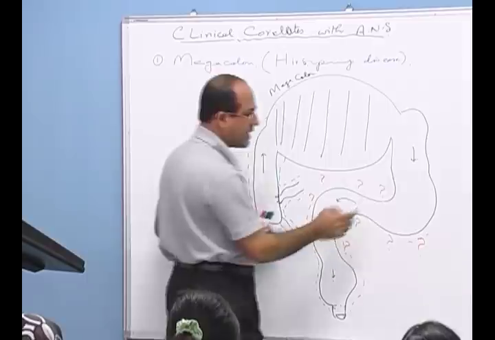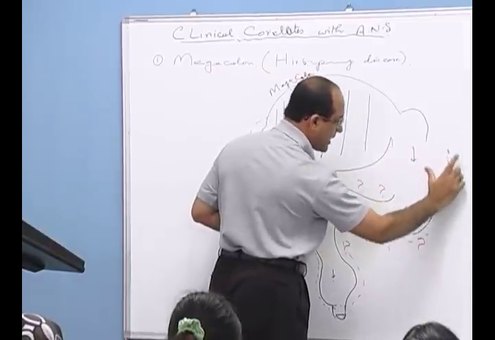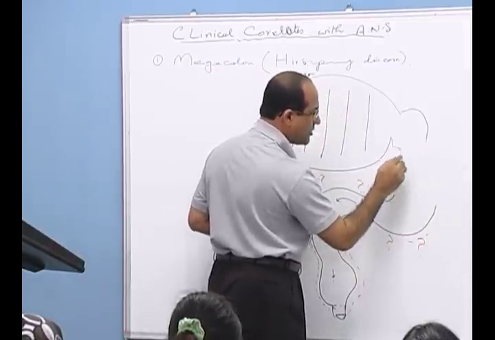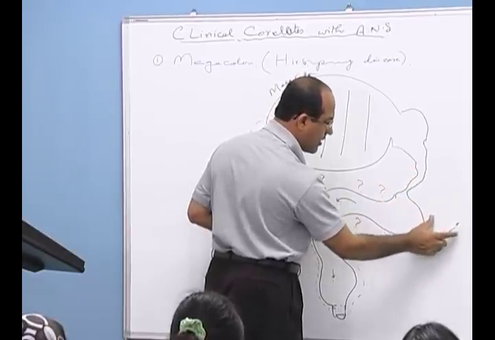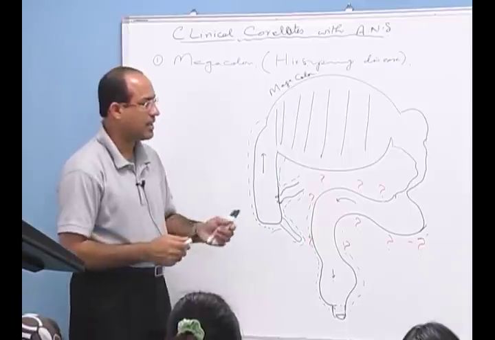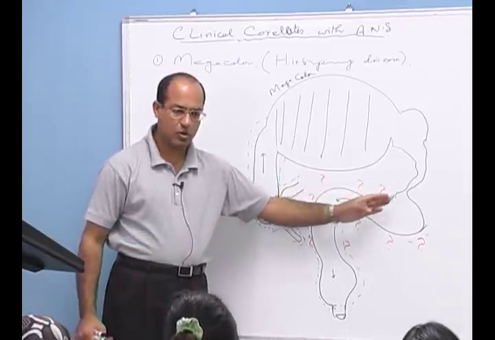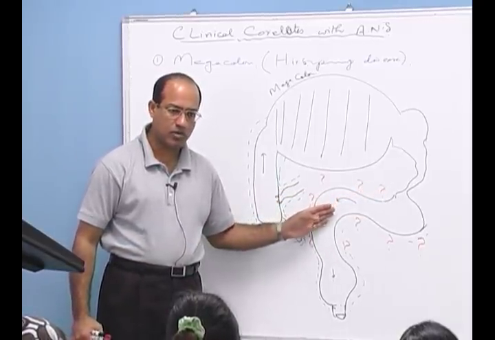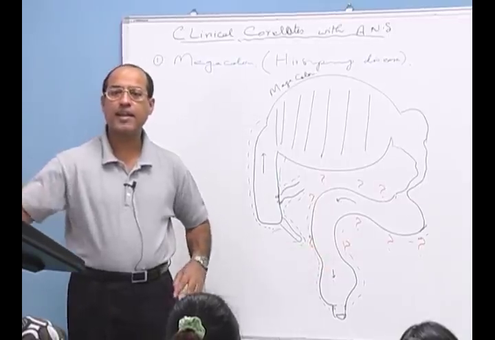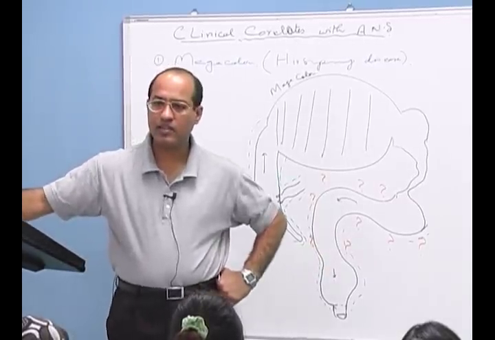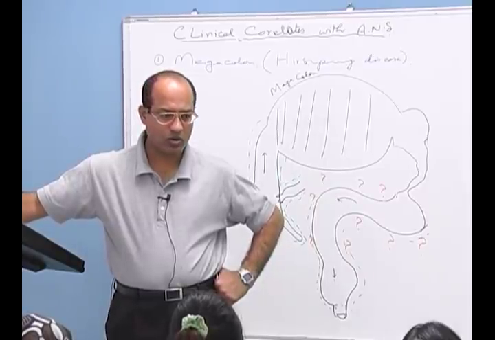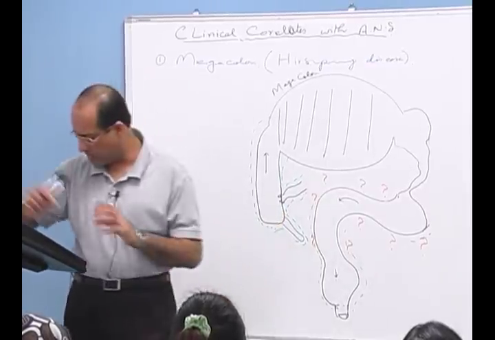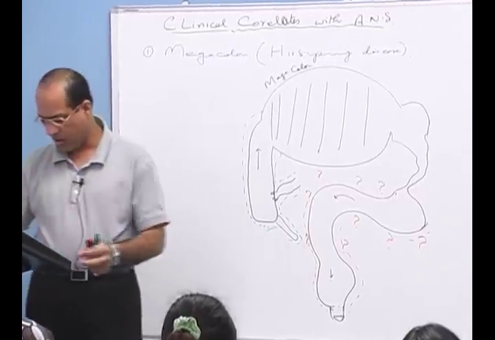Opposite to that, the area which is aganglionic, because it is adynamic, is underfilled or overfilled? Underfilled. This area may be in the descending colon or the sigmoid colon, but most often it is present in the rectum. And this condition is called megacolon or Hirschsprung's disease.